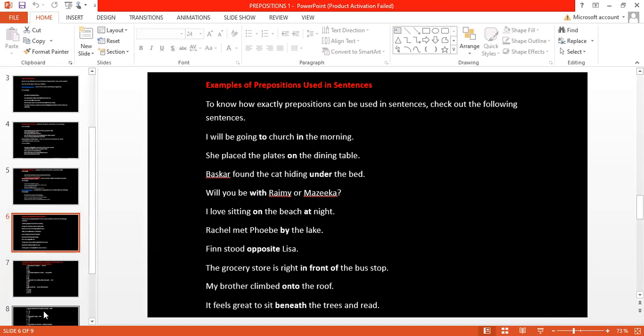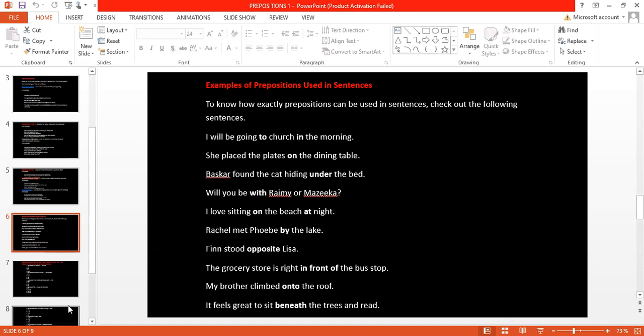Examples of prepositions used in sentences, all the sentences I've been making, all the examples I've been giving. Let us look at these examples. It says, to know how exactly prepositions can be used in sentences, check out the following sentences. I'll be going to church in the evening.